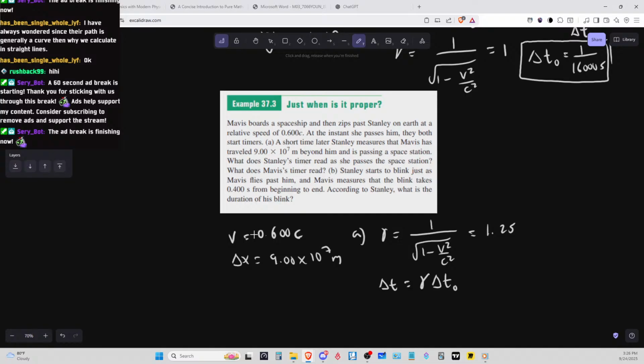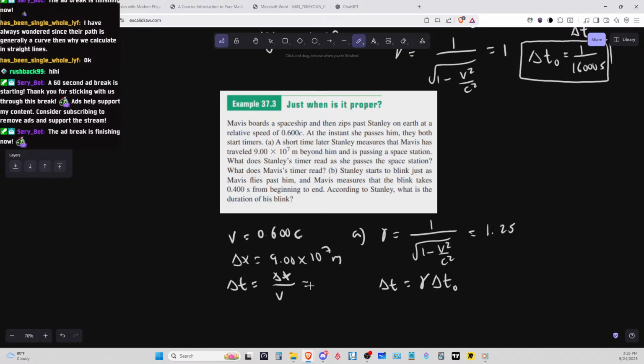Now, given the speed and the distance, we have to calculate the time it took. At this point, it would be the distance over the velocity. And we have a little bit of the speed of light there, so we're going to have to include that.